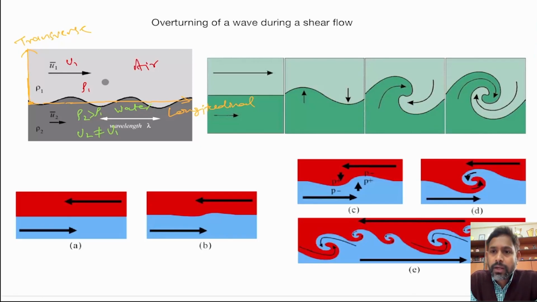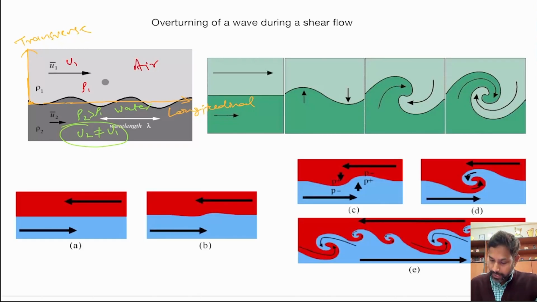And when there is a velocity gradient in the transverse direction, that is also tangential to the flow direction, in that case the flow is called a shear flow, right? And in this case we have the condition that u1 is not equal to u2. So when you go in the vertical direction, which is tangential to the actual flow direction, there is a difference in velocity, and that difference in velocity is bringing a shear flow.